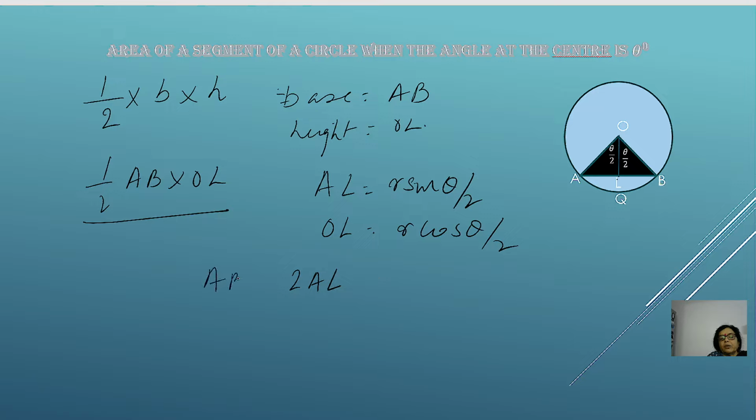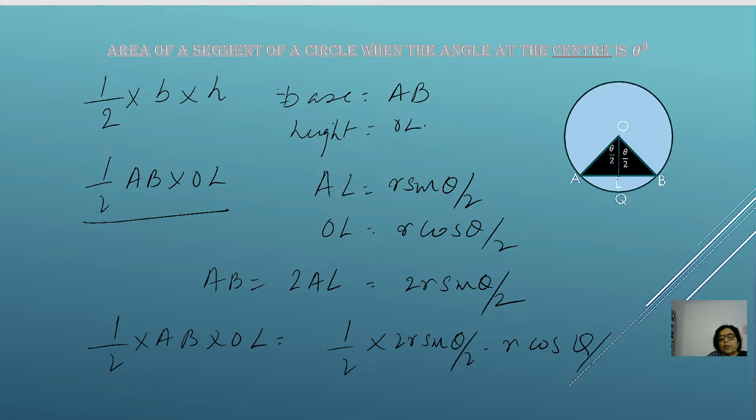AB is equal to 2AL, that is equal to 2R sine theta by 2. So the area of the triangle, that is half into AB into OL, will acquire this value half into 2R sine theta by 2 into R cos theta by 2. So this 2 and 2 get cancelled. We are left with R squared sine theta by 2 into cos theta by 2.